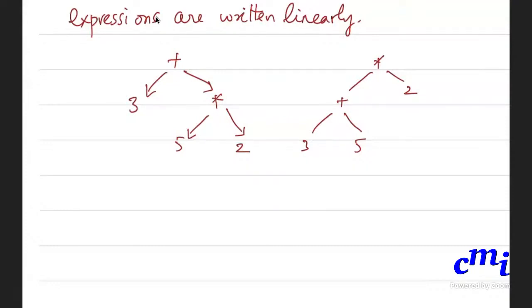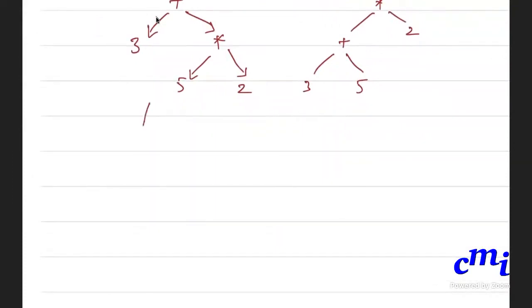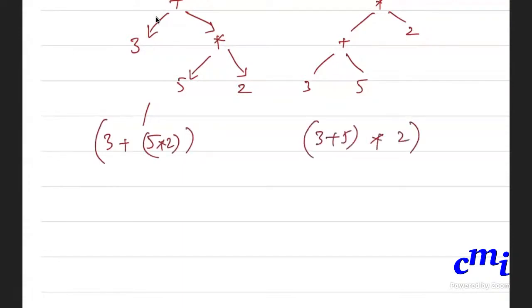Is this point clear? Technically speaking, you would have to write this as 3 plus 5 into 2 with parentheses around also. If you want to fully parenthesize the expressions, you will write it like this.